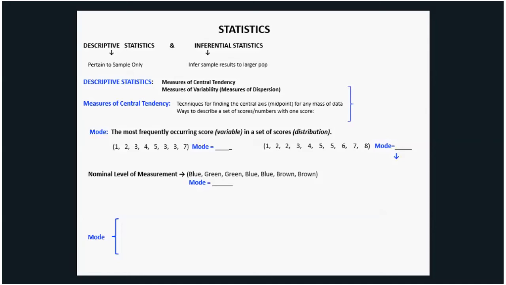So if you pull out DMFT scores for 100 kids, we can't take those 100 scores and lay them all out and come to some kind of conclusion about them. This is where we're going to use statistical manipulations, and we're going to end up with one number that tells us something about all 100 numbers. And what we look at for this would be the mean, the median, and the mode. Those are descriptive statistics.